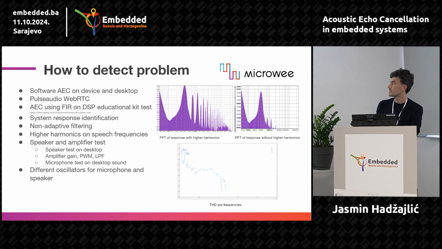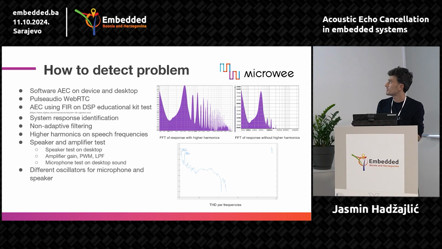We are playing a 400 hertz sine on the speaker, and this is the Fourier transform of the audio from the microphone. Here you see we have 400 hertz, but also 800, 1200, and so on, all higher frequencies. And the difference between the base harmonic and the third harmonic is around 20 decibels, which is not good at all.